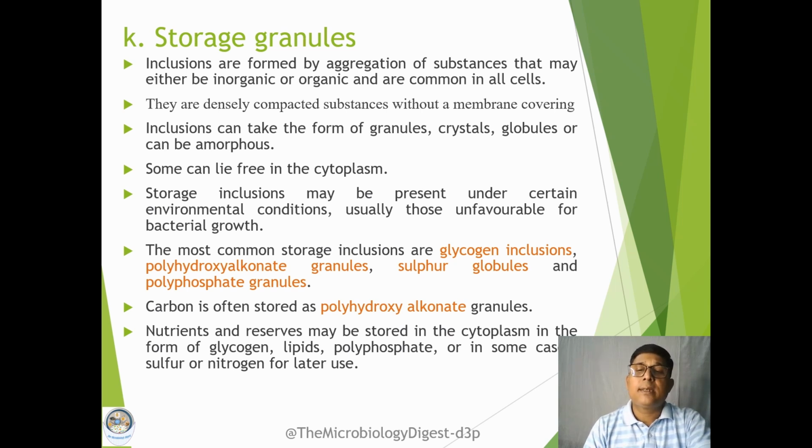Then the next components, which are present in the cytoplasm, are the storage granules. From the name itself, you can understand what the function of these storage granules may be. There are different types of storage granules present in the bacterial cytoplasm. They are also called inclusions, for example glycogen inclusions, sulfur globules or inclusions, or polyphosphate granules.